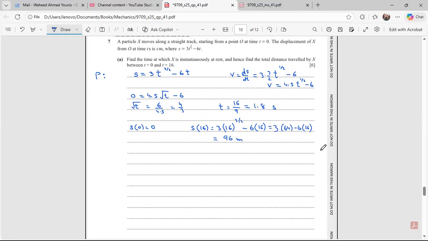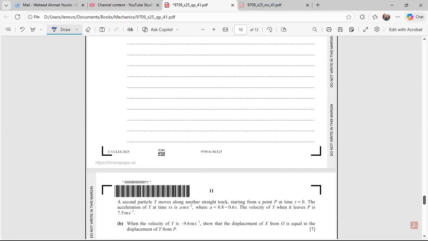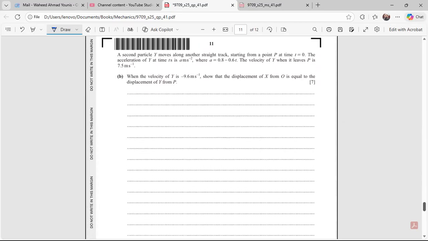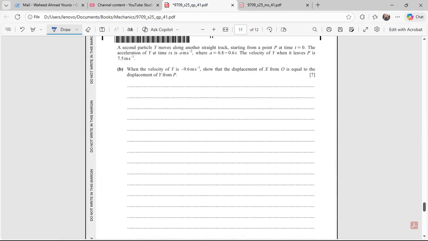So let's move on to part B now. A second particle Y moves along another straight track starting from a point P at time 0.